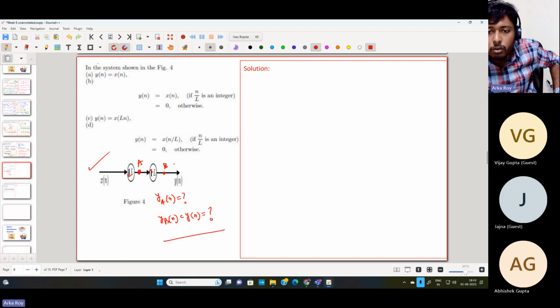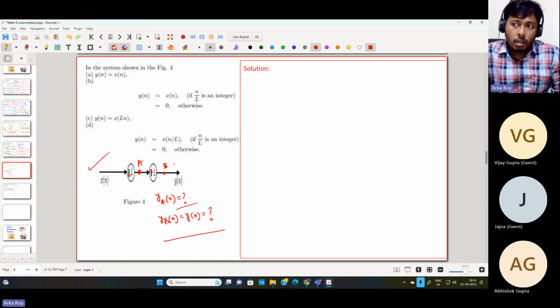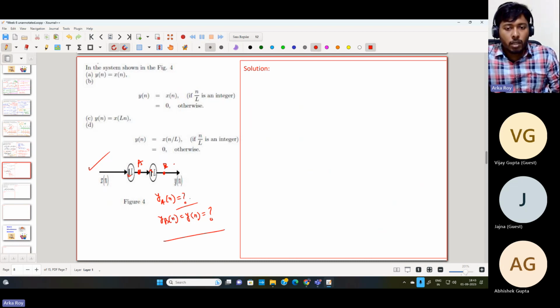We need to find these two sequences, and we also need to consider the locations at which we'll get the samples, because there is an upsampling process involved with this system. The upsampler injects zeros, so we'll not get values at every point. We have to make sure at what index we get the samples, so sample location is very important for these options.